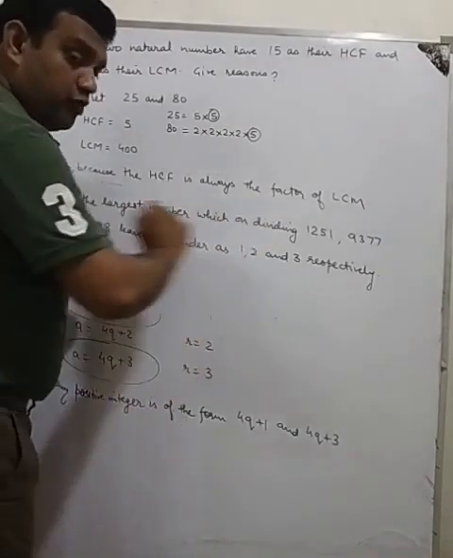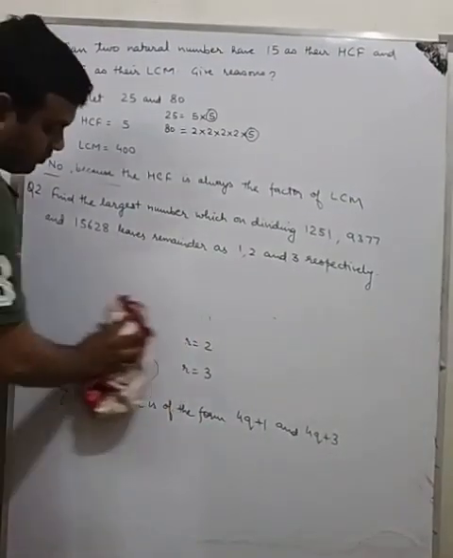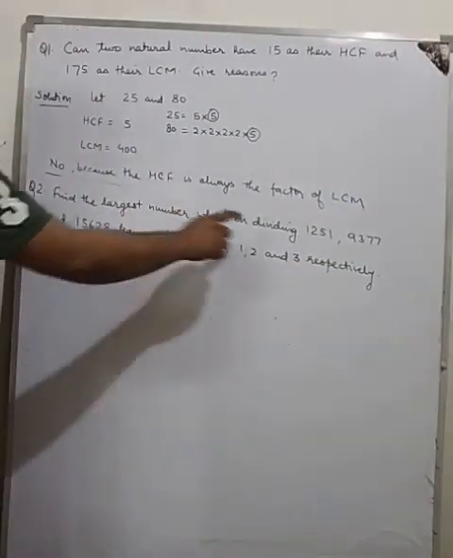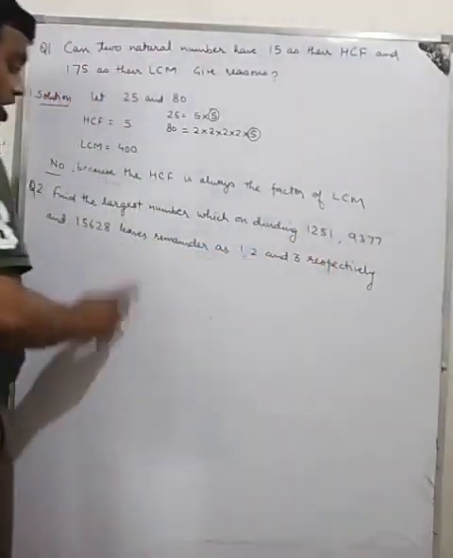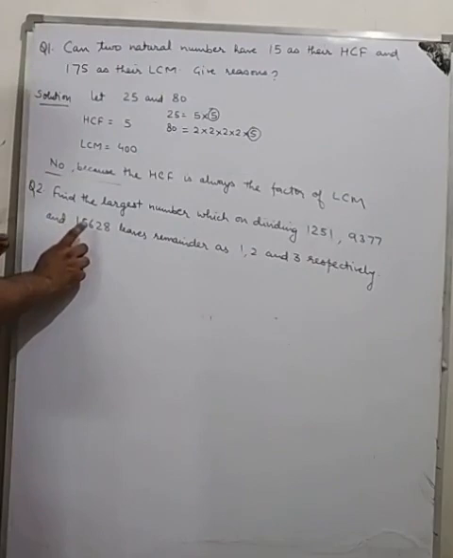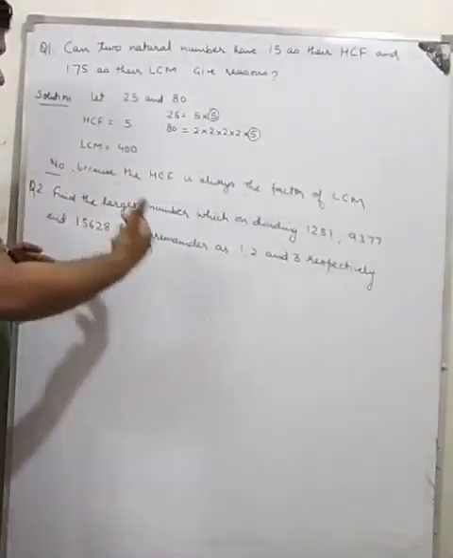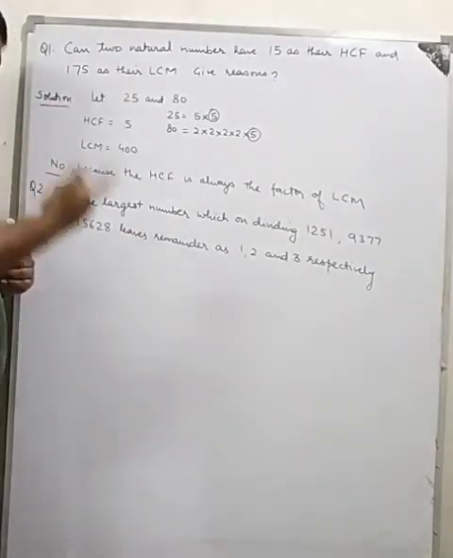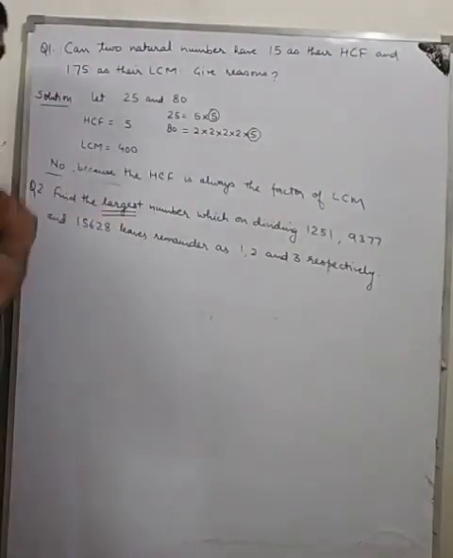In such type of questions, before starting, we will subtract 1 from 1251, 2 from 9377 and 3 from 15628. Whatever numbers we get after subtracting, we will find the HCF of those numbers. Why HCF? Because here it is said largest number.